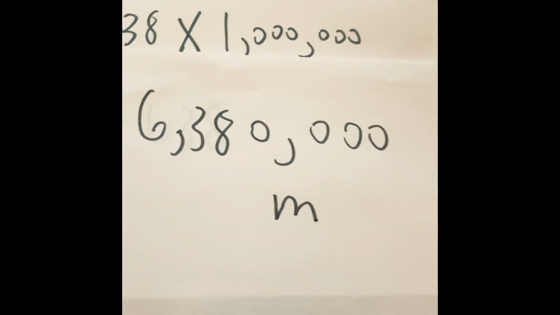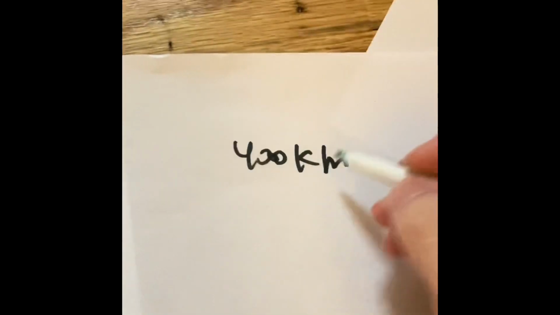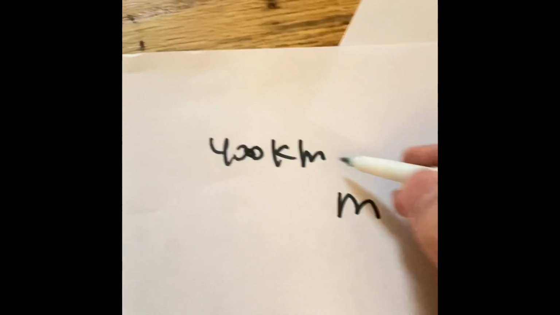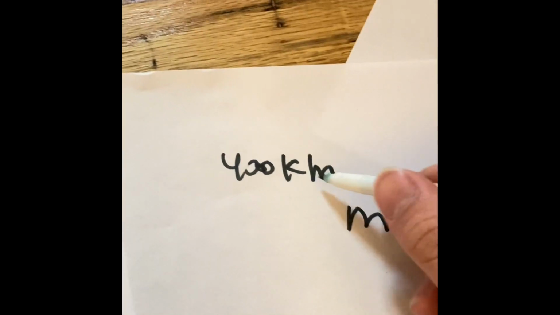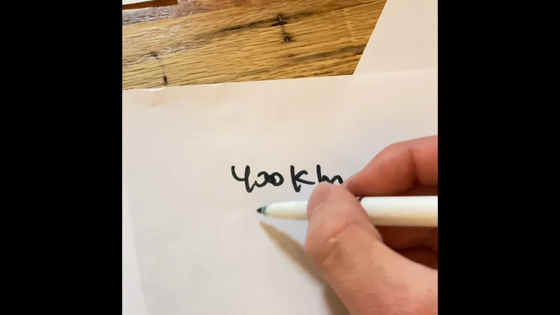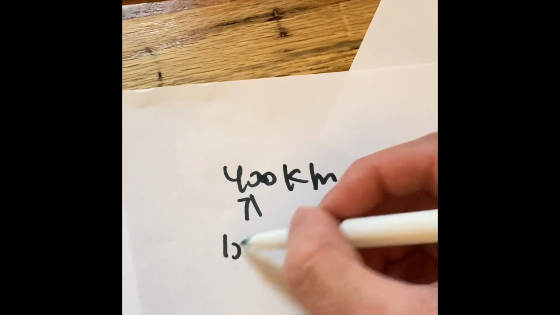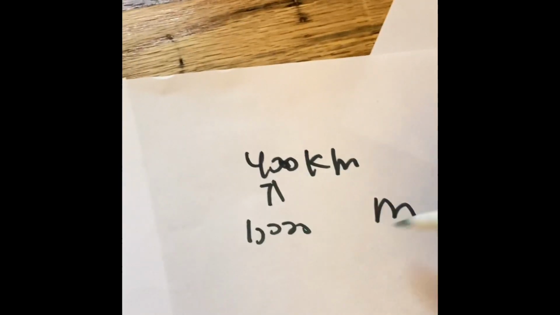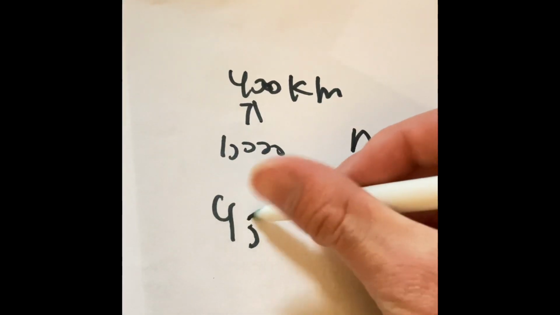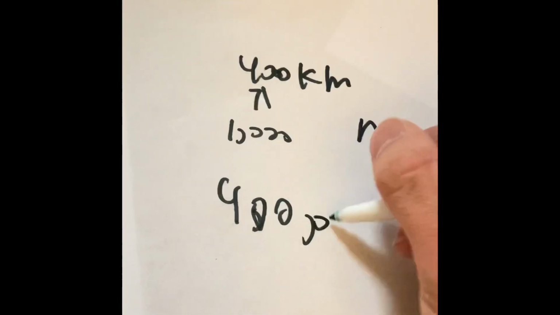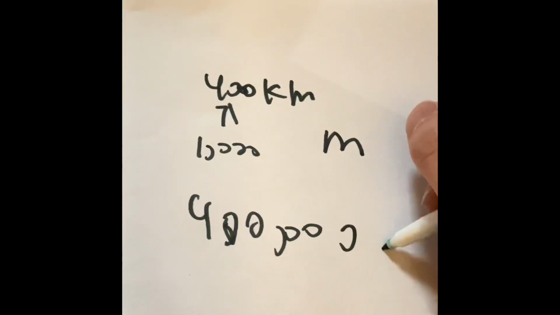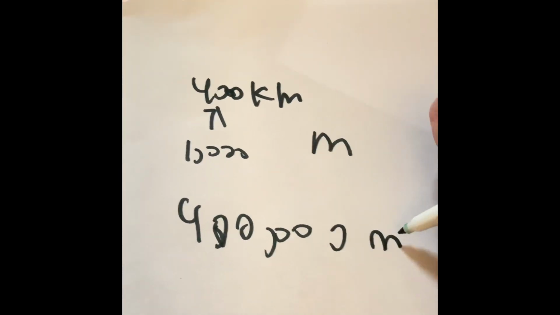But wait, we also have to convert 400 kilometers into meters. To do that, kilo means 1,000, so we multiply by 1,000 to get meters. So we get 400,000. That is how many meters are from the space station to the surface of the Earth.